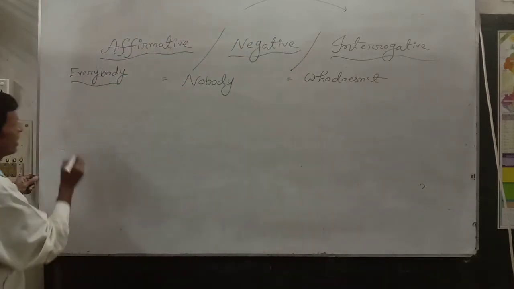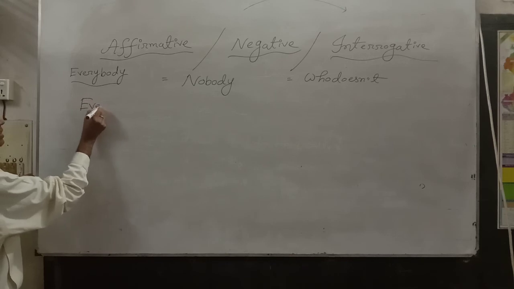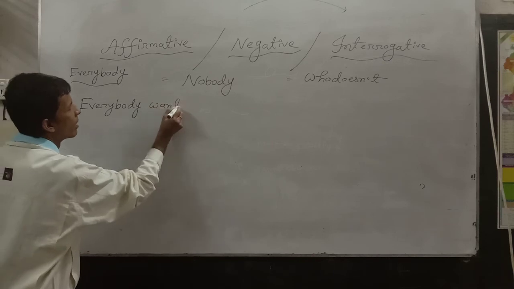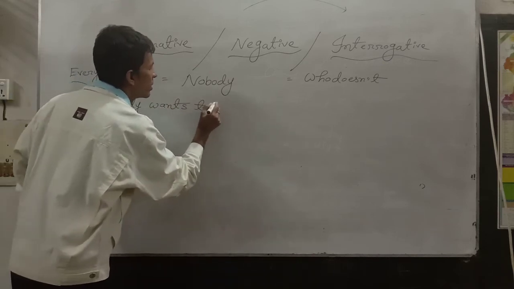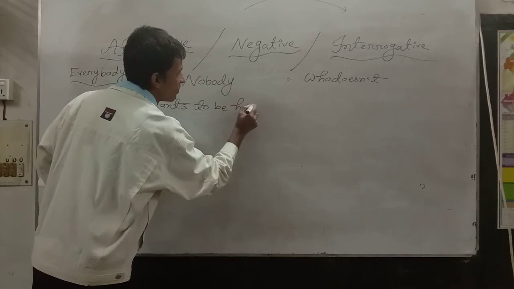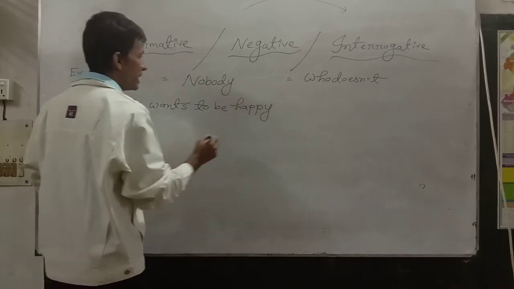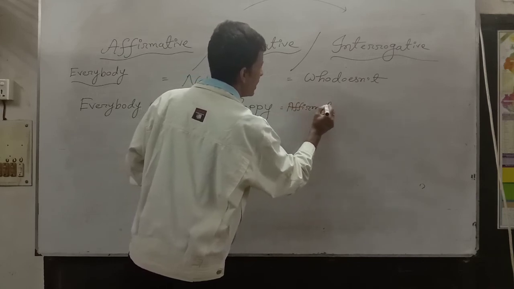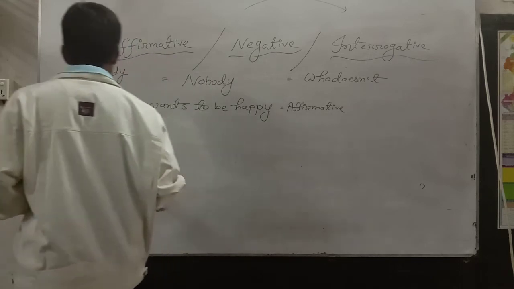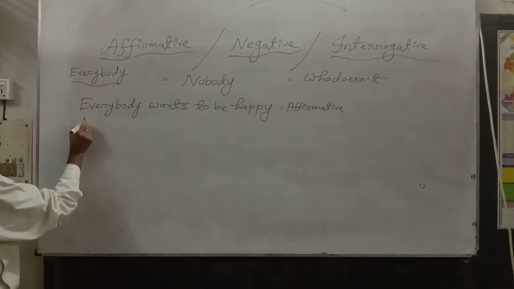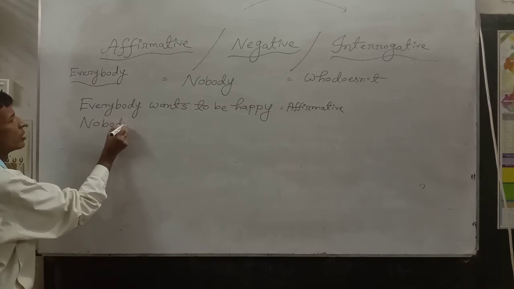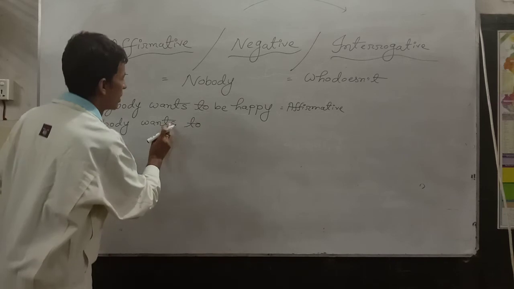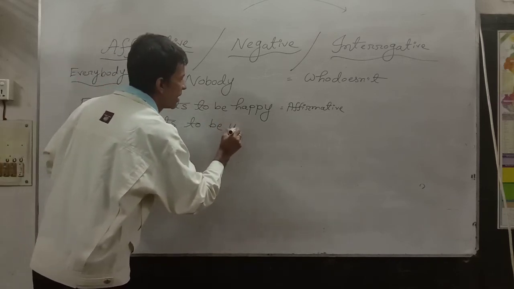Now look at the example. Everybody wants to be happy. This kind of affirmative sentence can be easily transferred into a negative sentence by writing: nobody wants to be unhappy.